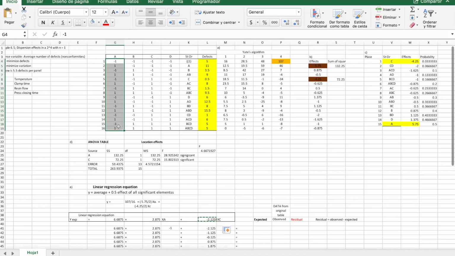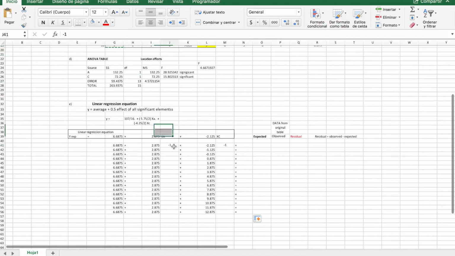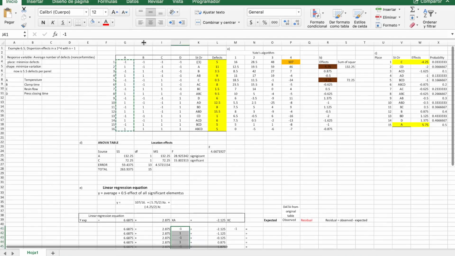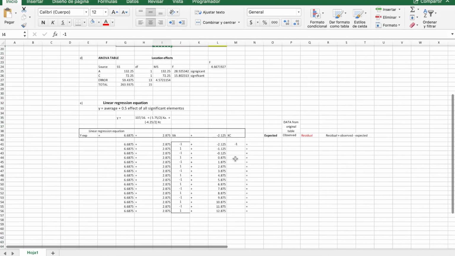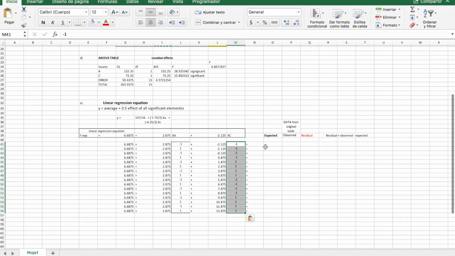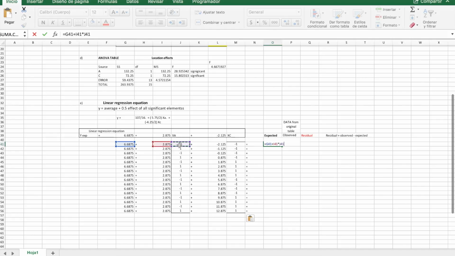In this case it is A, so we grab the whole column of signs, and we do the same for C. Then we calculate the expected, which is going to be B0, the average, plus the value of A times its sign, plus the value of C times its sign.